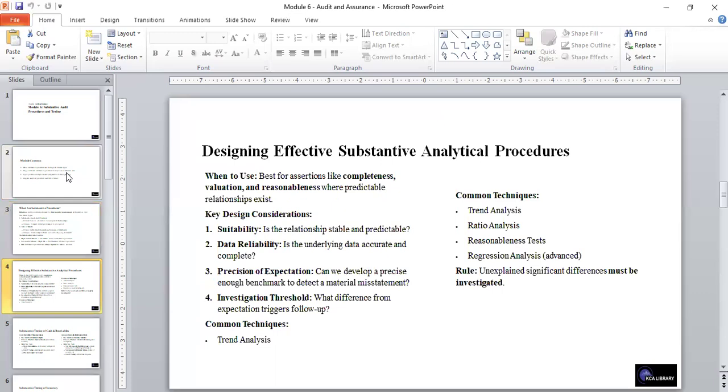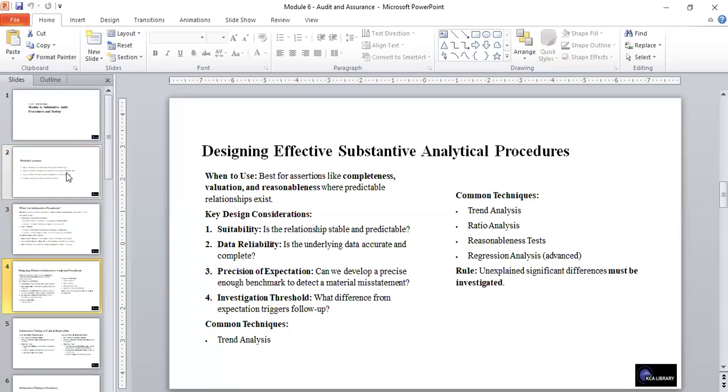In designing effective substantive analytical procedures, the following are very important to note. When do we use it? It is best used for assertions like completeness, valuation, and reasonableness, where a predictable relationship exists. Key design considerations include, one, suitability: is the relationship stable or predictable?